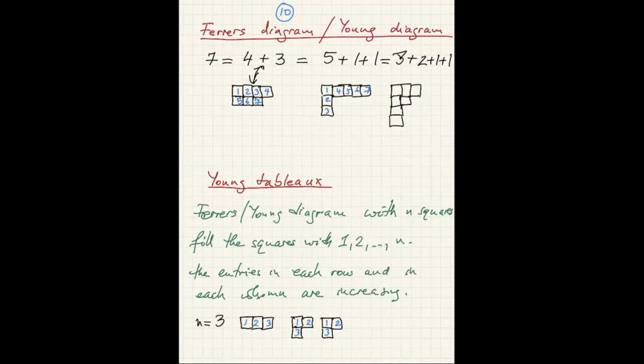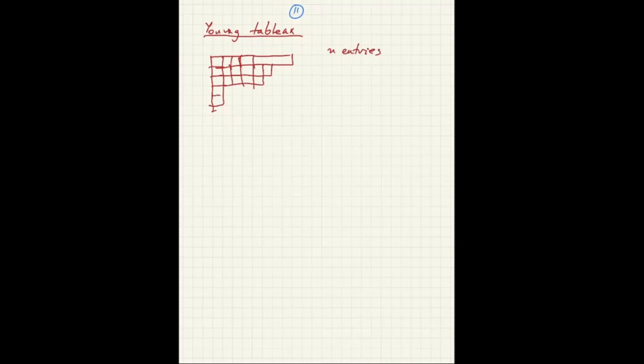So the problem that we'll study, and we'll do this next time, is to look at the Young tableau. So if we have some Young tableau, we have n entries, and let's say in the first row we have n1 entries.